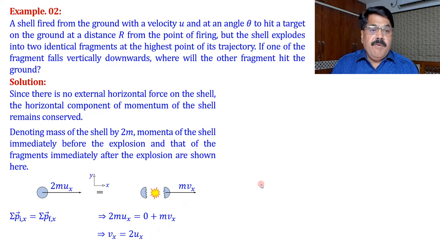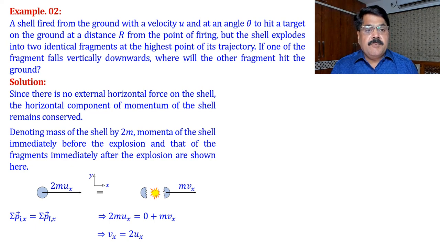Now we can think of the idea of projectile motion, that the air time or time of flight is decided by the vertical component of velocity. To reach from the point of firing to the highest point, the projectile takes half of the air time. Again, to reach from the highest point to the ground, the projectile takes the next half of the air time. Why?